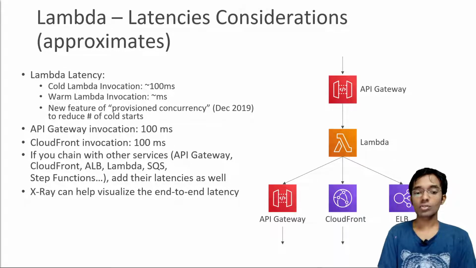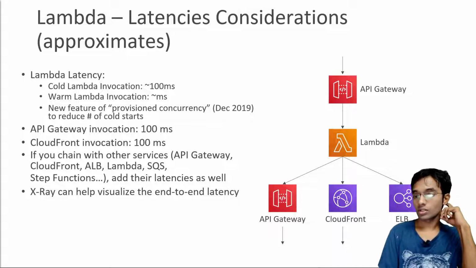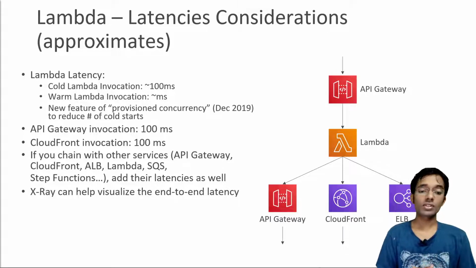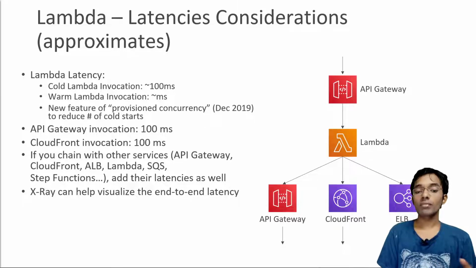Now let's talk about Lambda latency considerations. This is just a high-level discussion, but assume you have an API Gateway that can be invoked using the REST API and proxies the request to a Lambda function. You have been evolving into a microservice type of architecture, and someone has told you that you need to talk to another service.